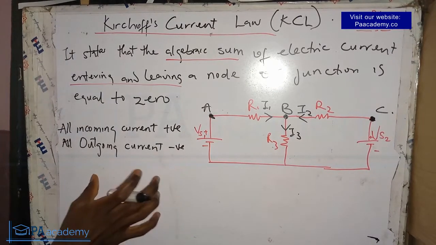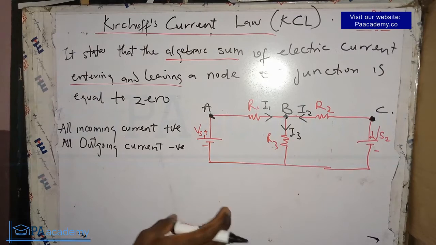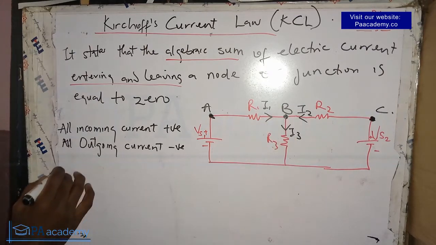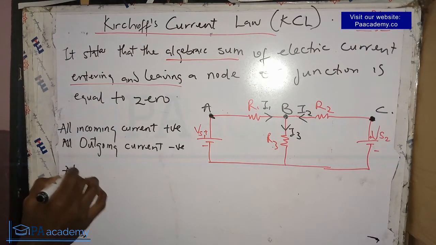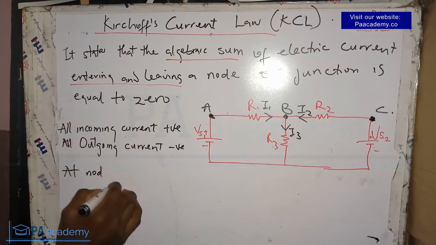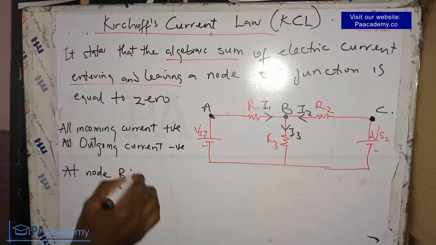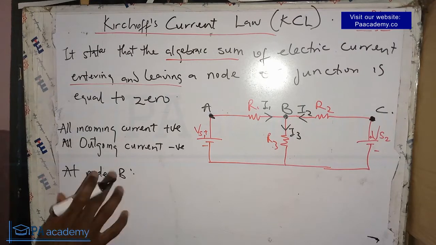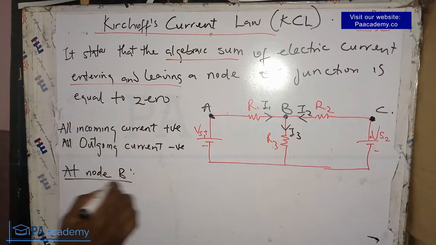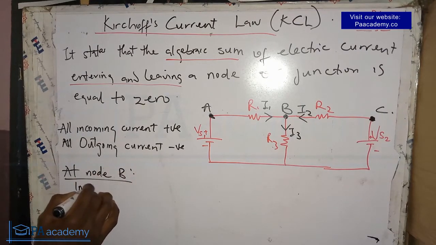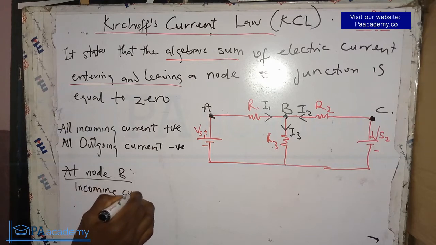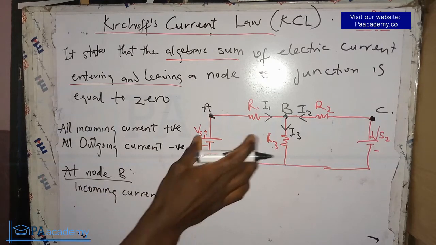So now with this knowledge, let's analyze node B. At node B, let's identify the incoming currents. Looking at it, what are the incoming currents?